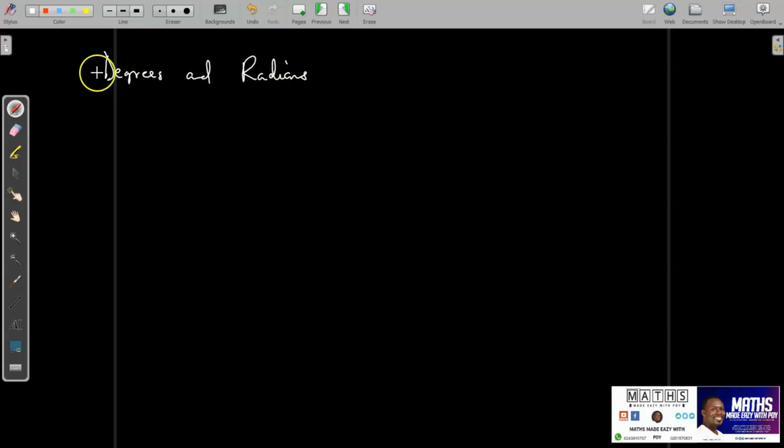Degrees and radians. I believe that way back in JHS, you knew that angles are only measured in degrees through the help of your protractor, right? Yes, sir. But since you are getting matured, you should also know something about radians.